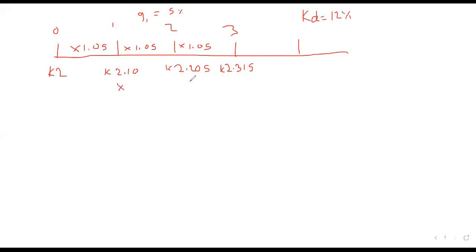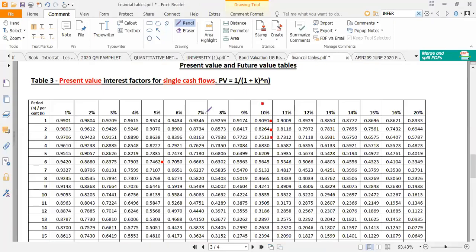Multiply by the appropriate discount factor. You can even use a table here if you want, in the interest of time. So 4% under 1, we get 4%. So 0.8929 for the first one.